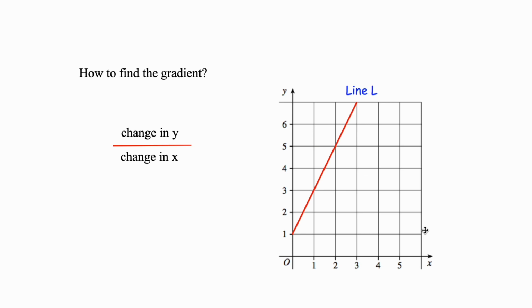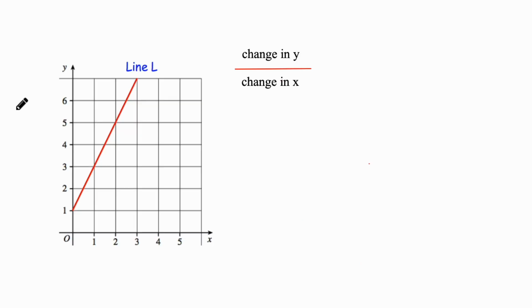So let's have a quick look at one of the examples. So here we have a graph and a line. In order to find the gradient, or how steep this line is, we need to first take 2 points on the line. So let's take this point and this point here.